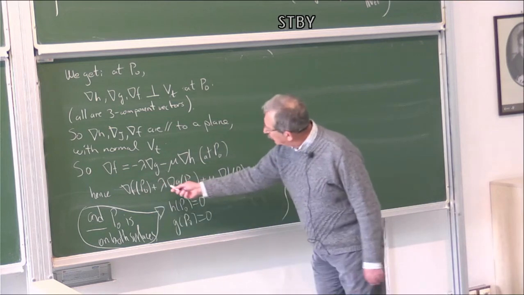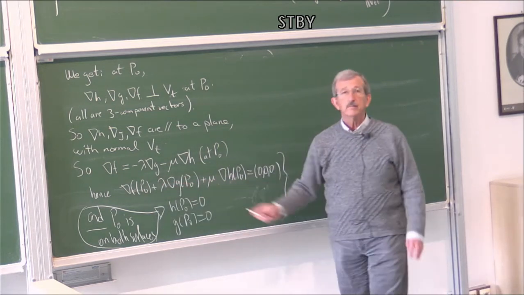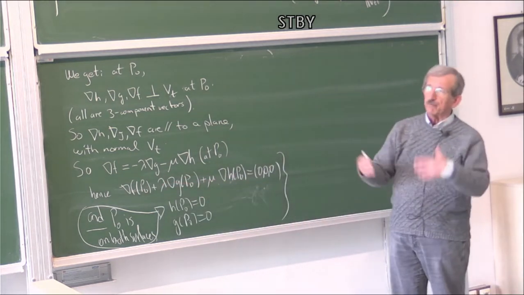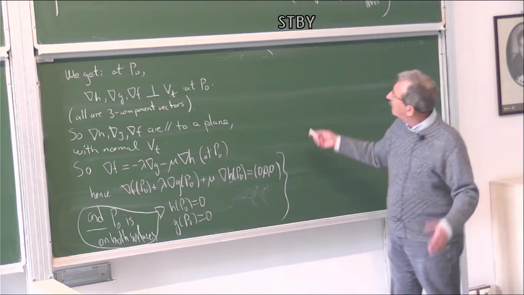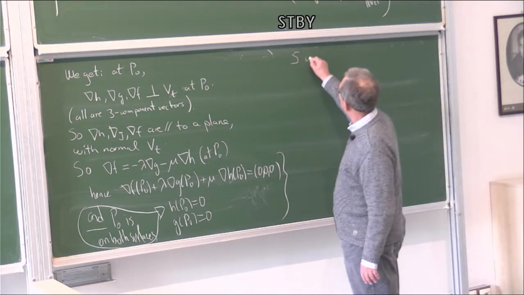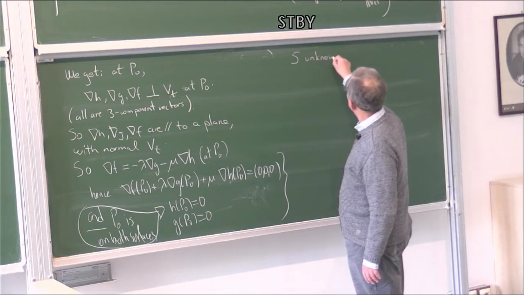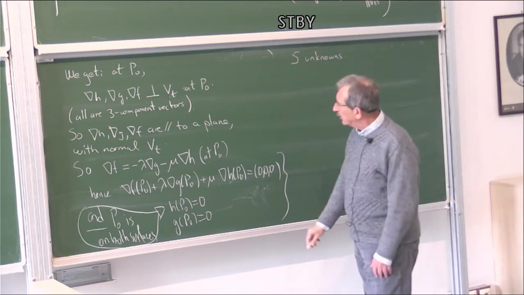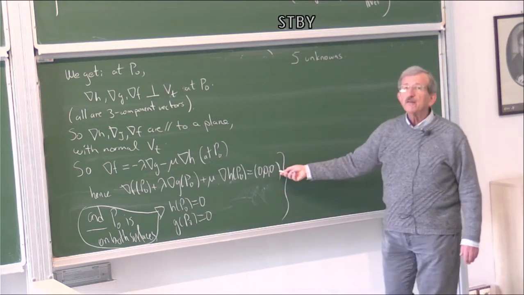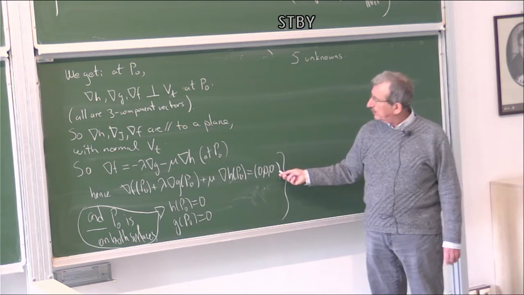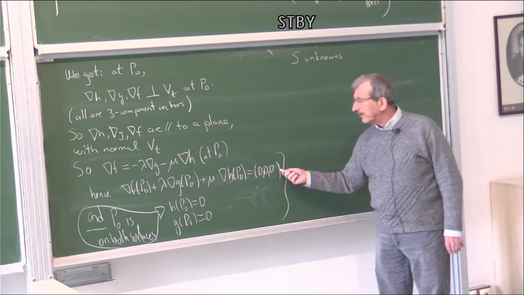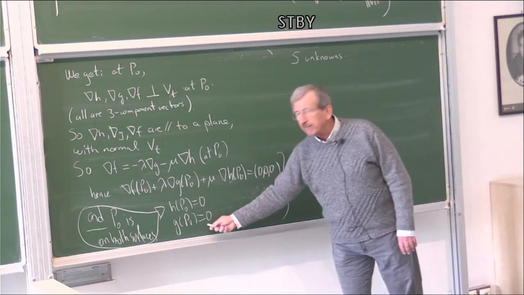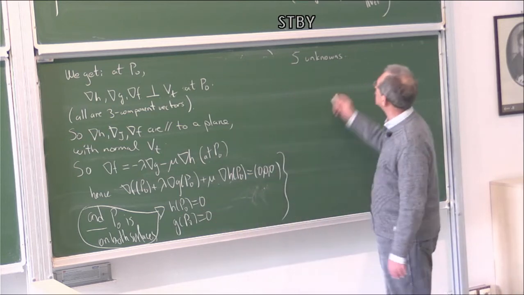We have two factors coming from Lagrange's method. So we have five unknowns. And how many equations? This is a three-component vector equation, so 3 scalar equations, plus 1 and 1, is 5 scalar equations.